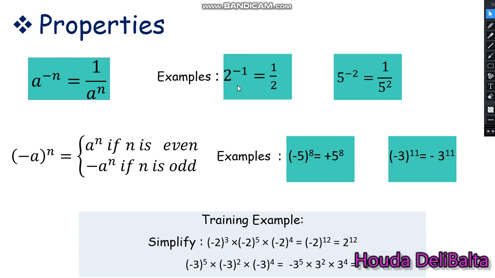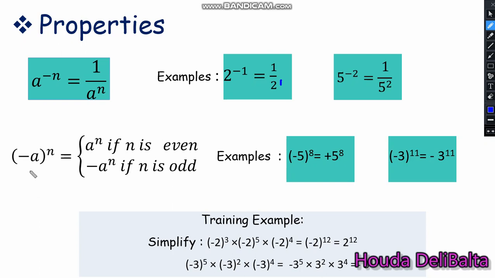Examples here, 2 power minus 1, for example, is 1 over 2 power 1. So as if here you have 2 power 1. Okay? And 5 power minus 2 is 1 over 5 power 2. So that's the meaning of the negative exponent.